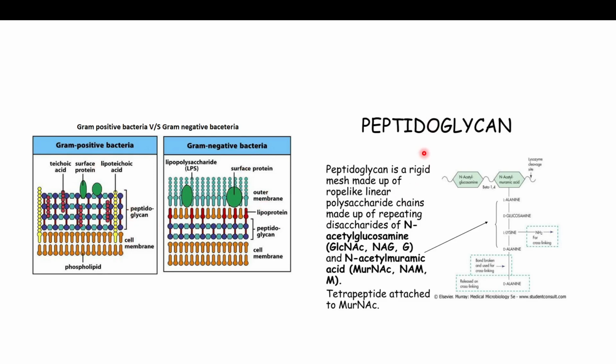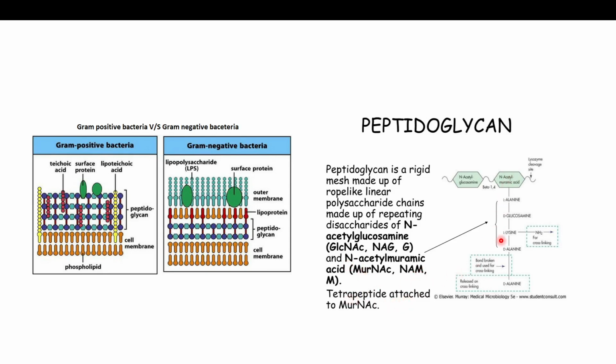Now, if we talk about the peptidoglycan layer, peptidoglycan is a rigid mesh made up of rope-like linear polysaccharide chains. These are the repeating units NAG, N-acetyl glucosamine, and NAM, N-acetyl muramic acid. These two moieties are connected by beta 1,4 glycosidic linkage.